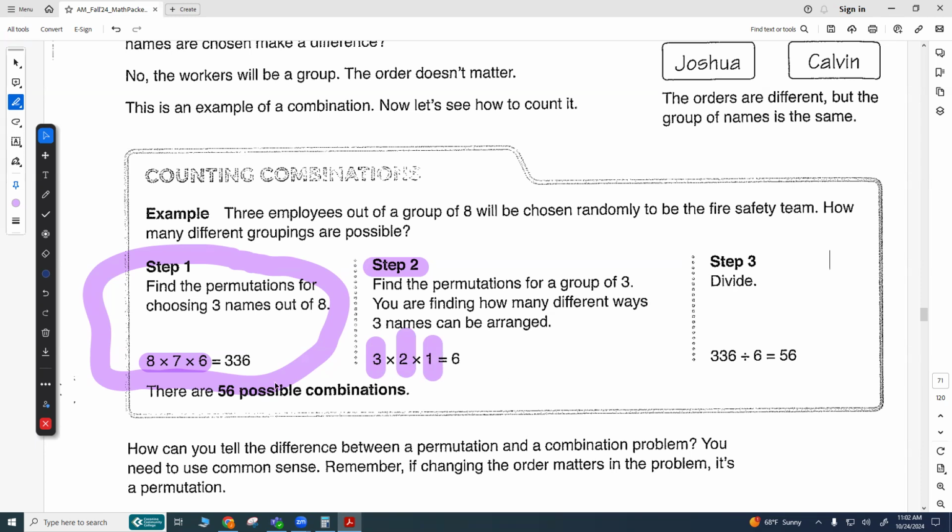Then we take our total permutations from the total group and divide by the number of ways it can be arranged. And so there are 56 possible combinations of 3 out of 8 employees to be on the fire safety team. Okay? Yes, Ryan.